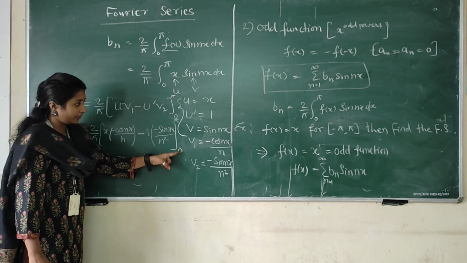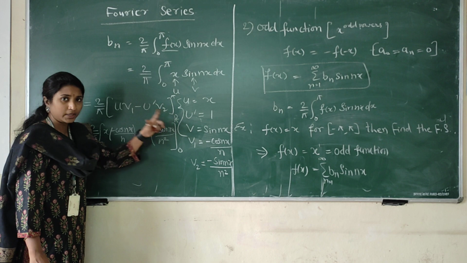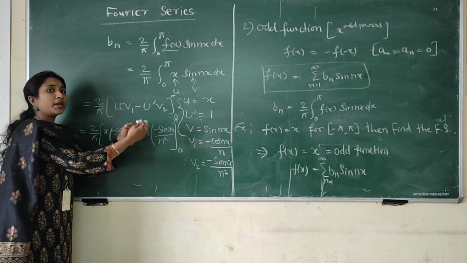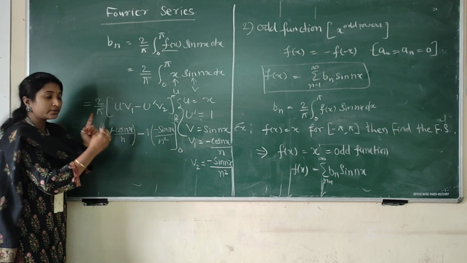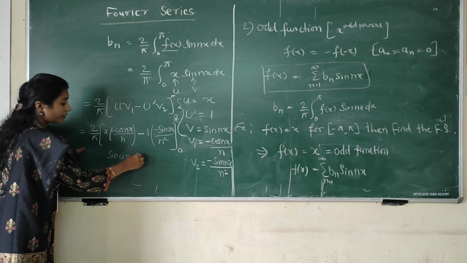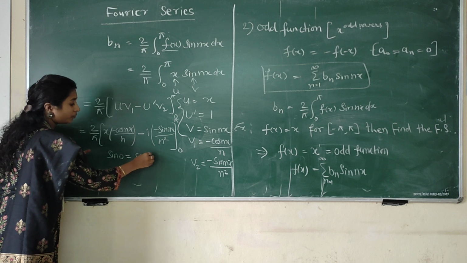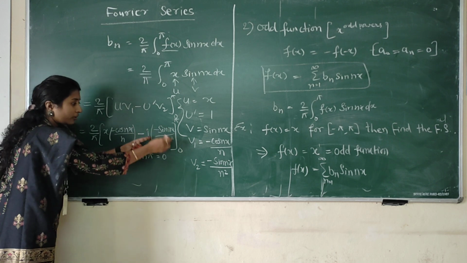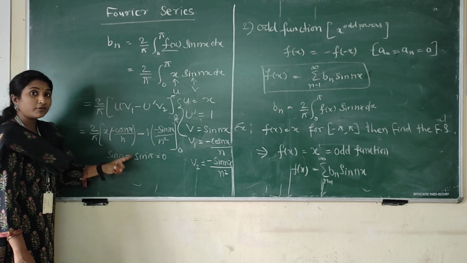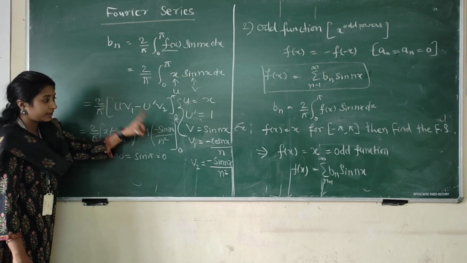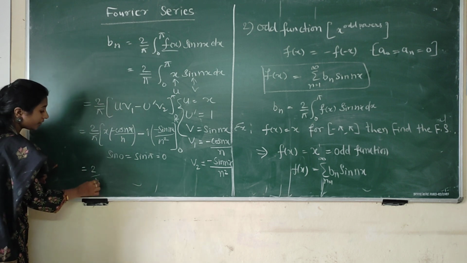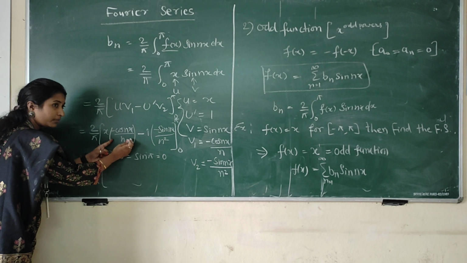Whenever we are having the limit 0 to pi, all the sine terms will be neglected, as sine of 0 is equal to 0 is equal to sine of pi. So when both the upper limit and lower limit give 0, we are neglecting the sine term. So finally, after putting the limit, only the cosine term remains.